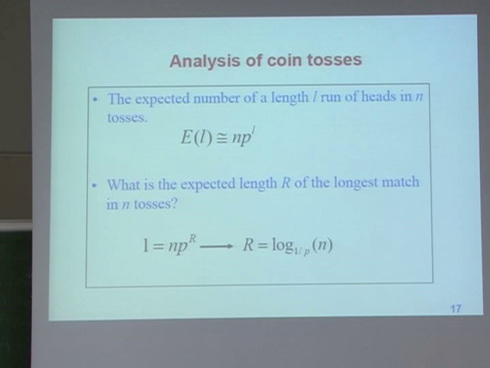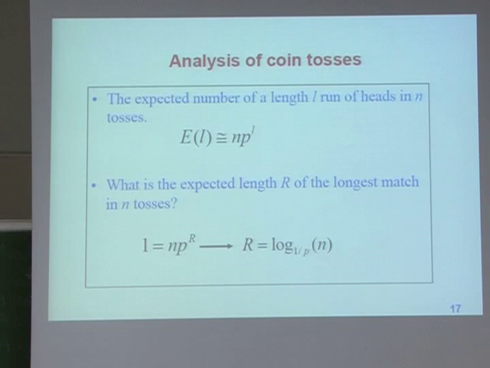If the probability of head is 1 over 2, the probability of observing a length L run, L consecutive heads, is going to be 1 over 2 to the power L. So it's P to the L. And the number of times you perform the experiment is exactly n minus L plus 1, okay?